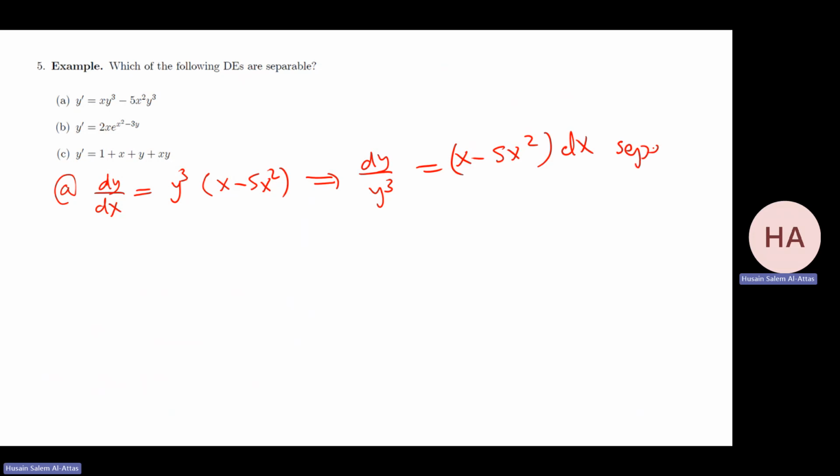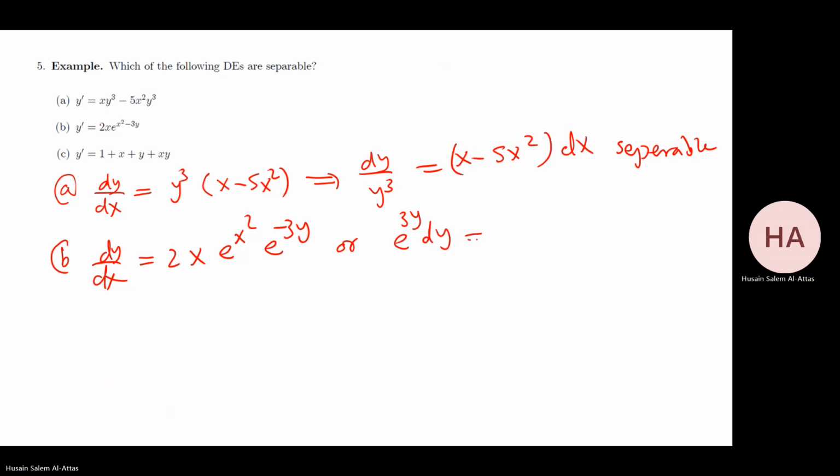Yes, separable, I can separate them. B: dy over dx equals x e^(x squared) e^(-3y). In other words, I have e^(3y) dy equals x e^(x squared) dx, which is very clear, separable.